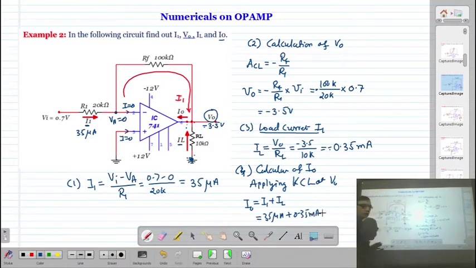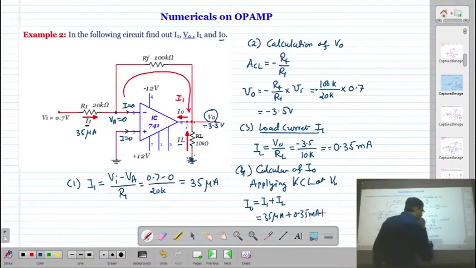Therefore, for the total current you have to take the summation of milliampere and microampere. So either you convert your current into microampere or you convert both currents into milliampere. When you take the summation, it comes out to be 0.385 milliampere.